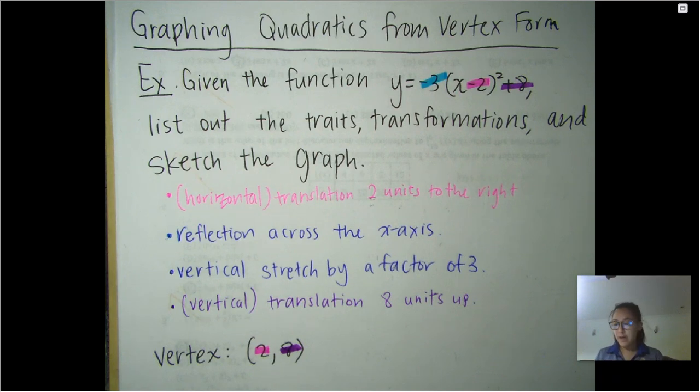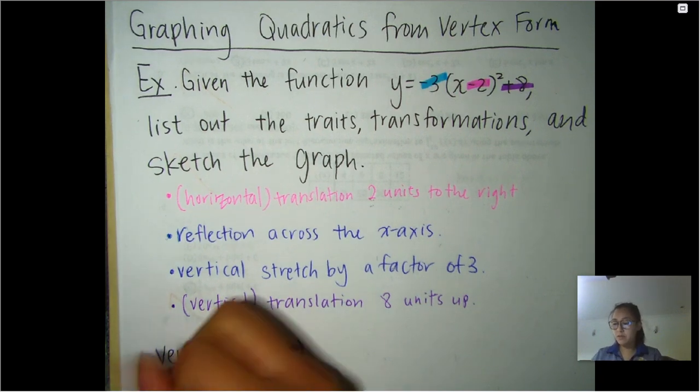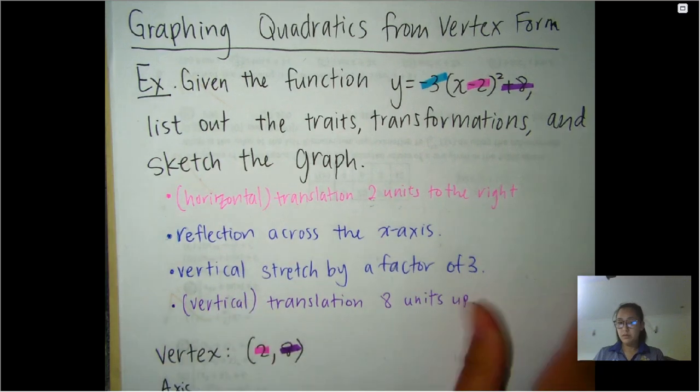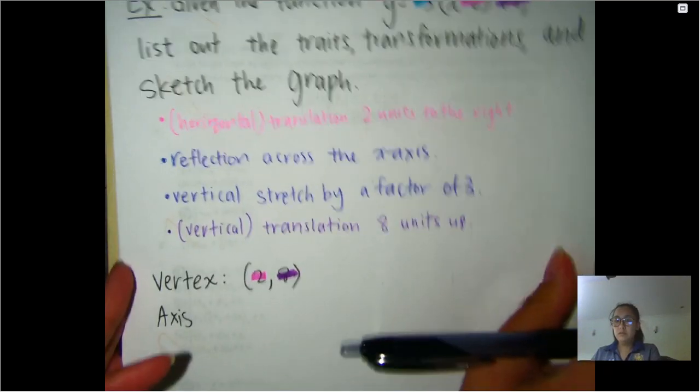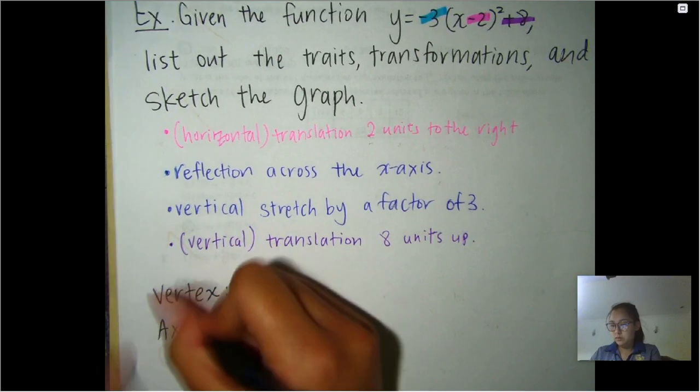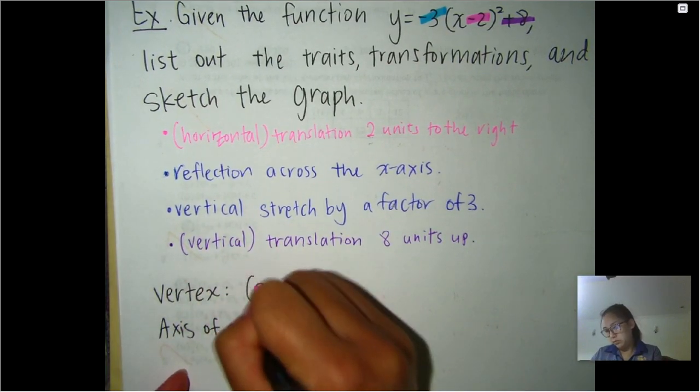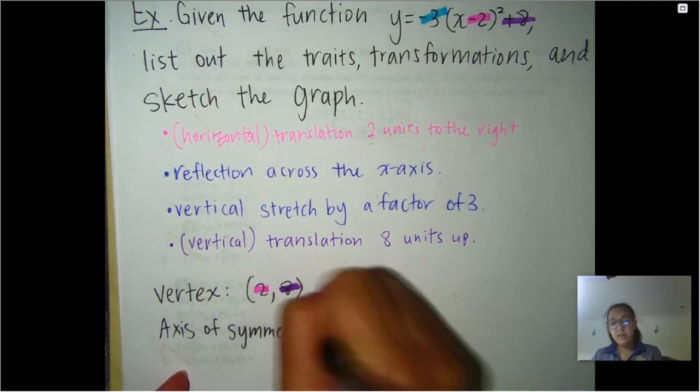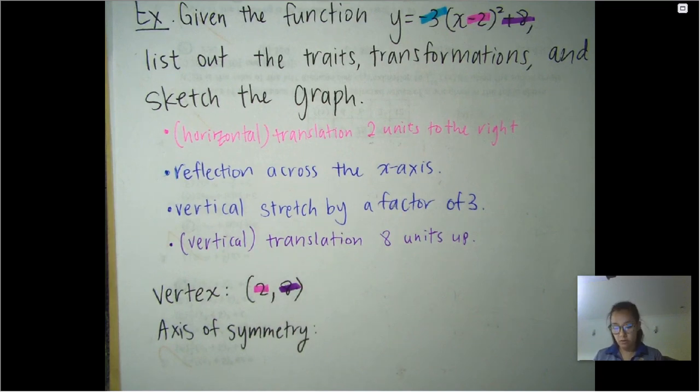And as you guys know, the axis of symmetry is going to be the line that goes through the parabola, and it's going to go through the vertex of the parabola. So if you have a parabola, the axis of symmetry is right down the middle. And so you're going to want to write your axis of symmetry as the equation of a line.